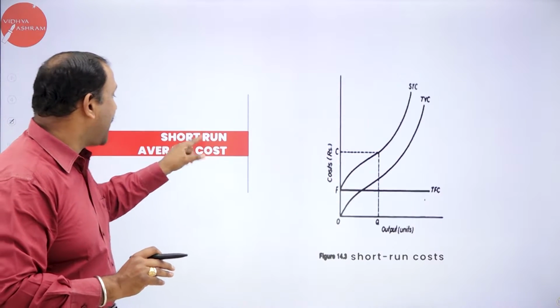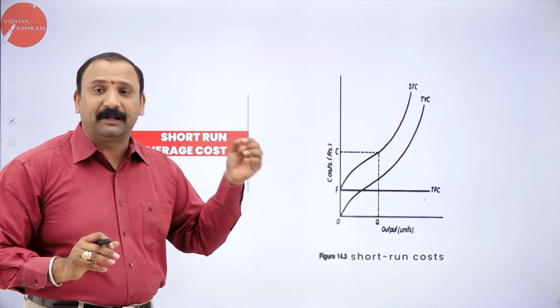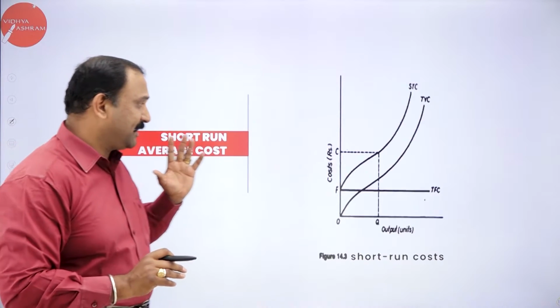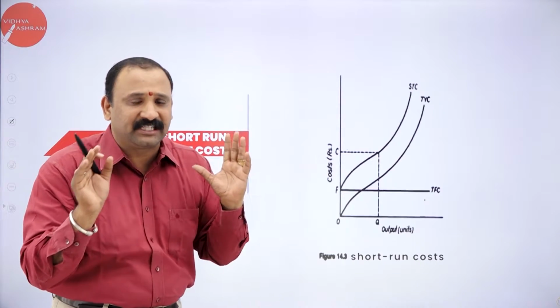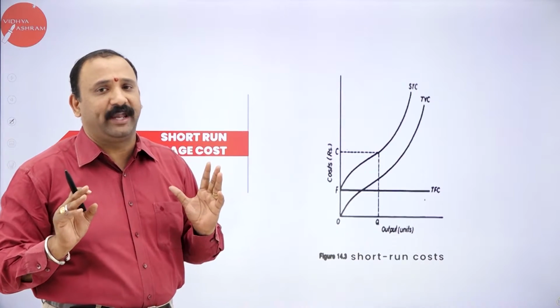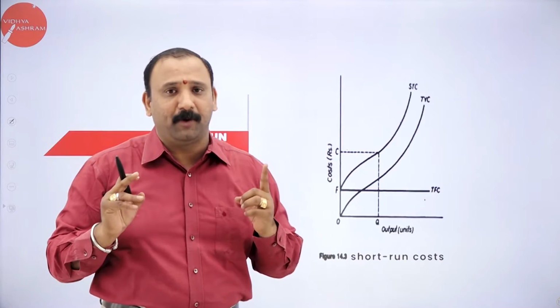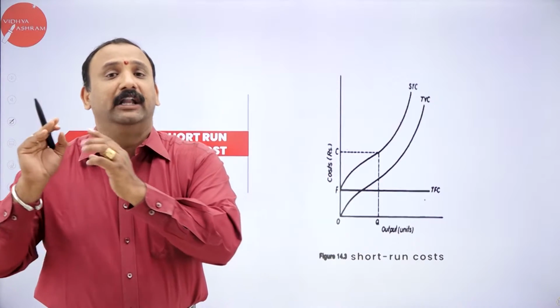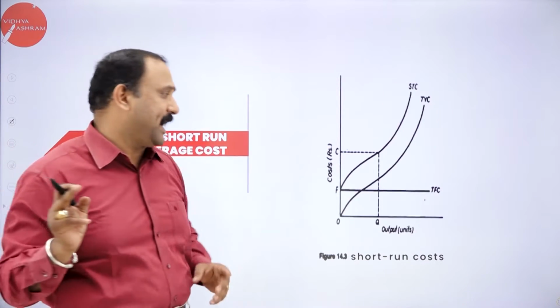The short-run average cost is now represented to you in a graph format. As I have told you, a graph is very, very simple to understand when it comes to economics. What you need to keep in mind is what you are going to take along the x-axis and y-axis.